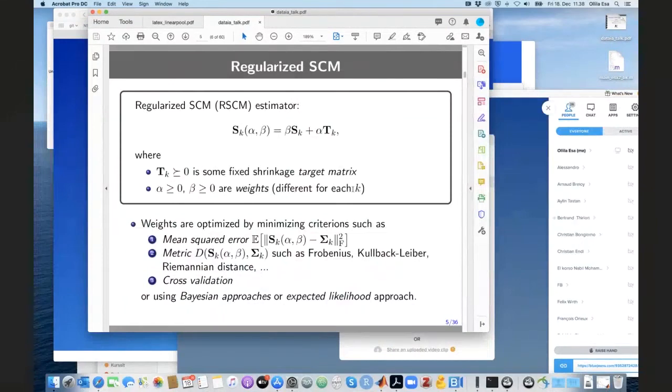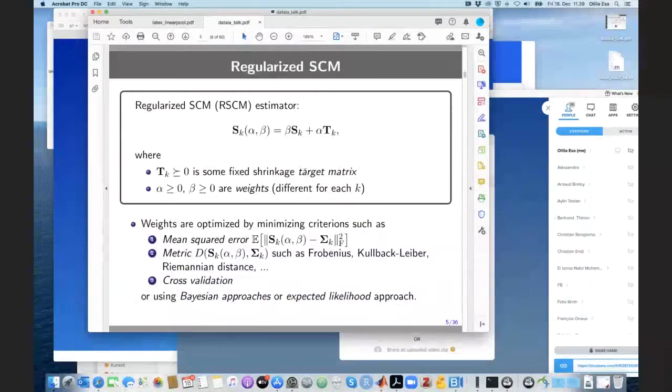Or you can use a metric, for example a Frobenius metric. You can use a Kullback-Leibler metric, which is also called Stein's loss. You can use Riemannian distance. And of course, in machine learning, cross-validation is also a commonly used approach to choose any regularization parameters.